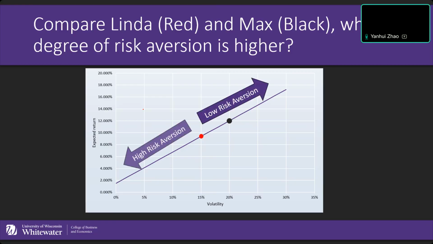So Linda's degree of risk aversion is higher. When the dot moves to the left-hand side, with lower expected return and standard deviation, it means the investor has a high degree of risk aversion and takes less risk. And as the dot moves to the upper right, it means the investor has low risk aversion. Okay.